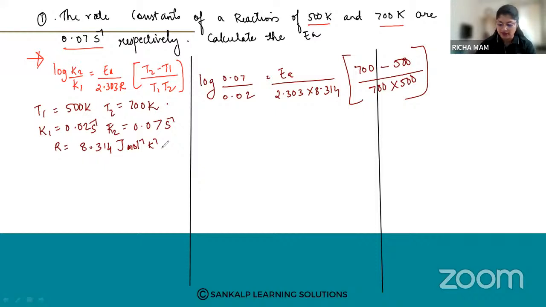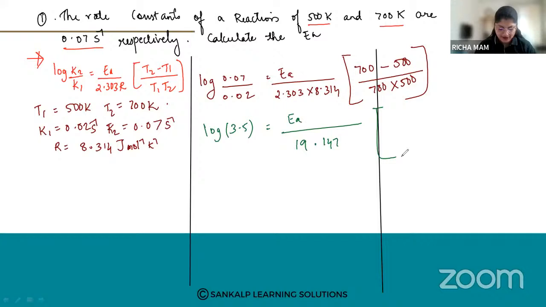Do it stepwise. Log of 0.07 divided by 0.02 becomes log of 3.5. Then EA divided by 2.303 into 8.314, which becomes 19.147.